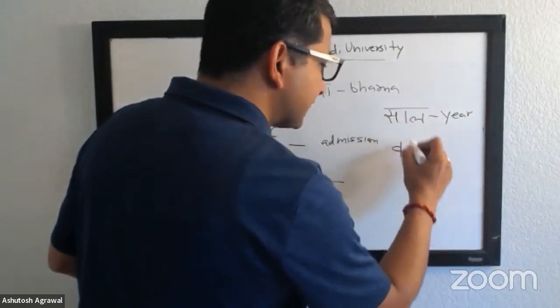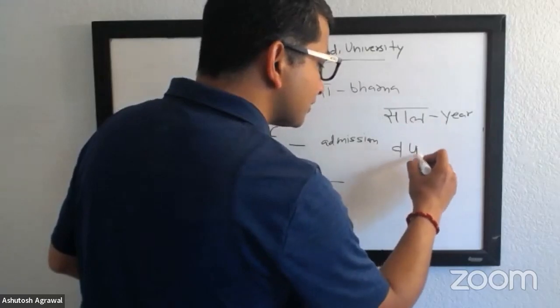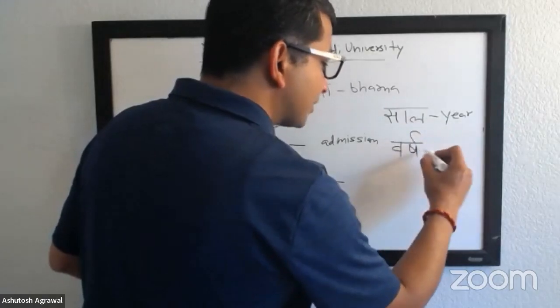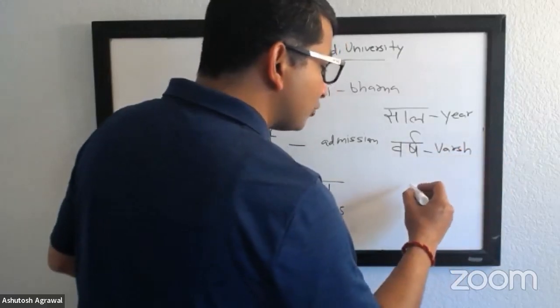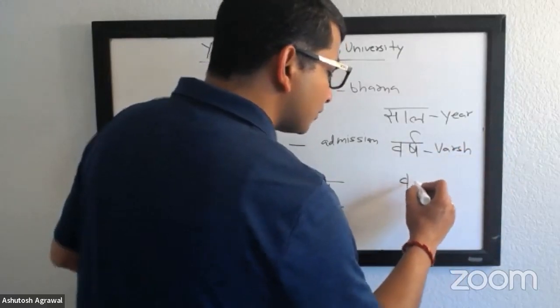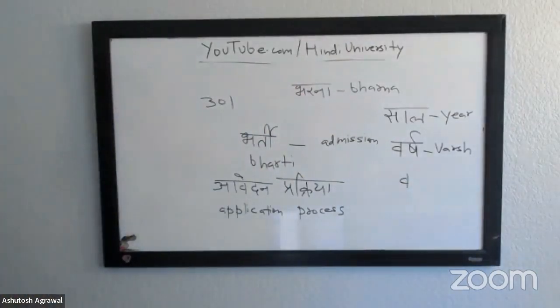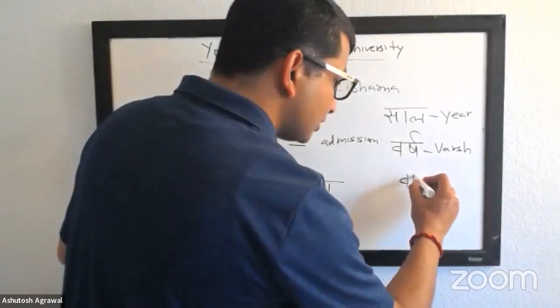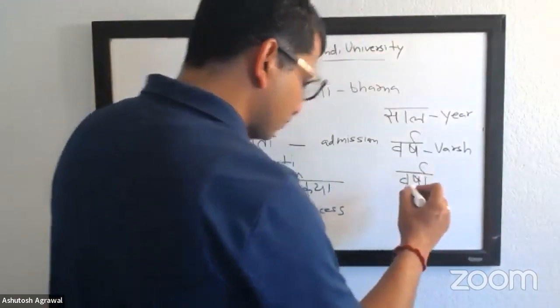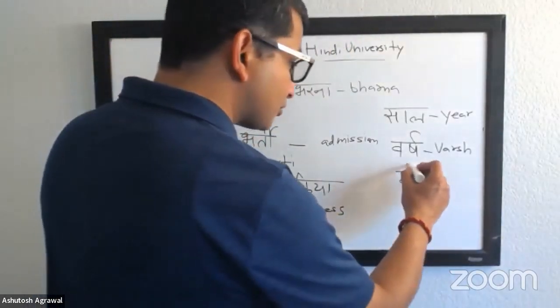The other way of saying year is varsh. In the oblique plural it would be varsho. Okay, varsho.